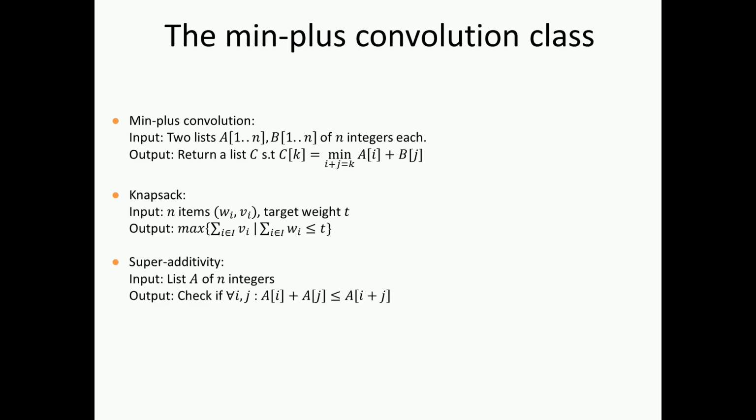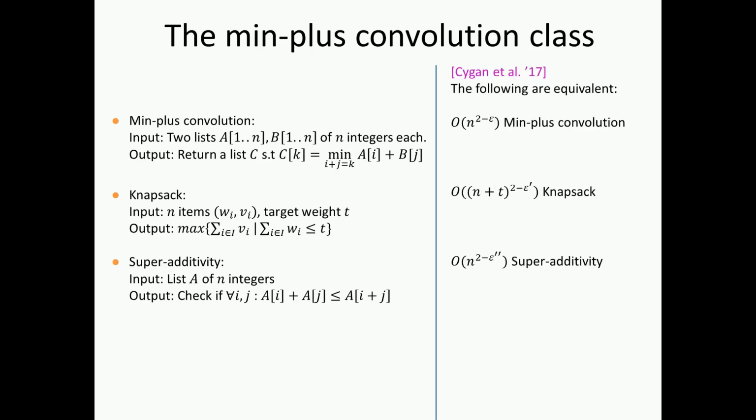Another problem is the super-additivity problem, which gets as an input a list of n integers, and the output is to check that for every i, j, ai plus aj is at most a(i plus j). And it is known that all of these problems are subquadratic equivalent. So now I want to show that Knapsack is subquadratic equivalent to Knapsack parity and min plus convolution.